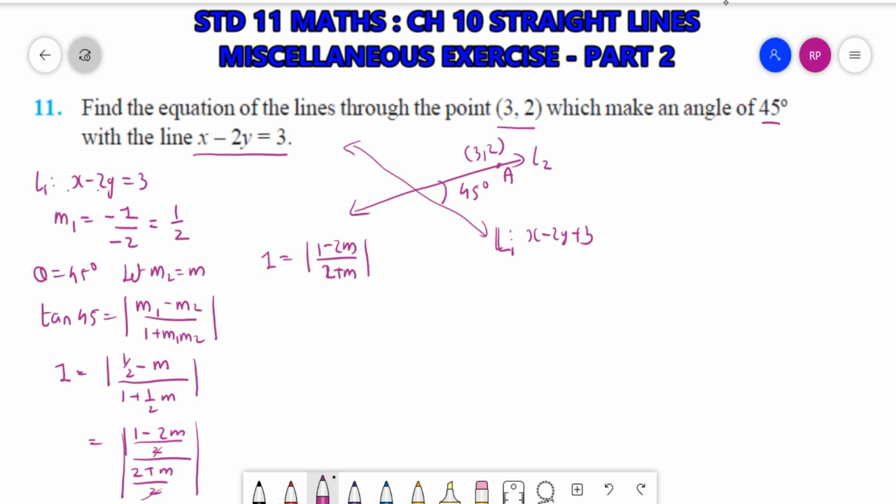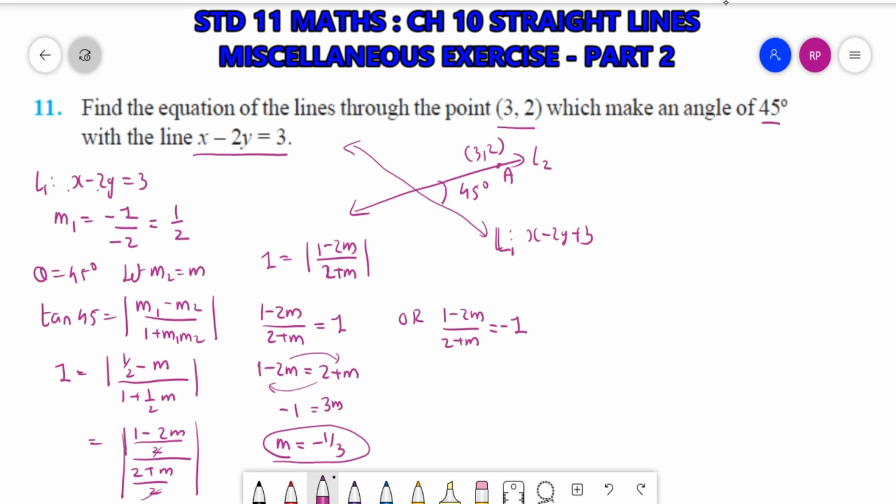Now as it is modulus, when I remove the modulus, (1 minus 2m) upon (2 plus m) will be either equal to 1 or equal to minus 1. First case: 1 minus 2m equals 2 plus m. Taking terms to the other side, 3m equals 1 minus 2, minus 1, so m is equal to minus 1 by 3.